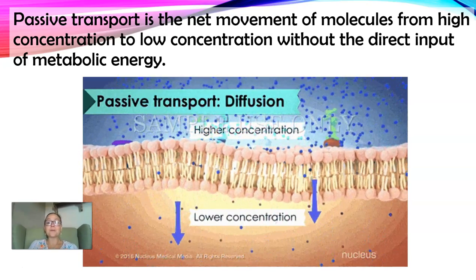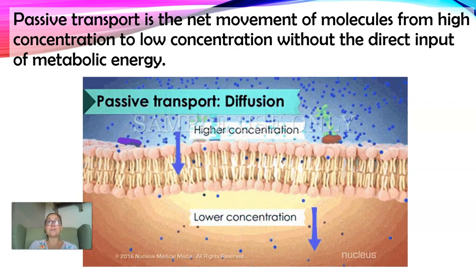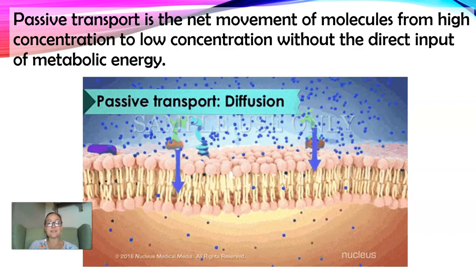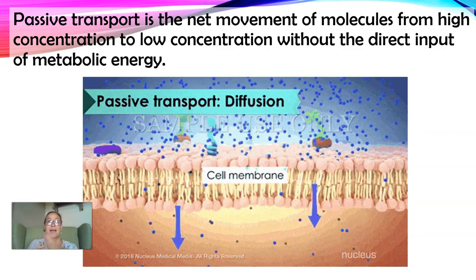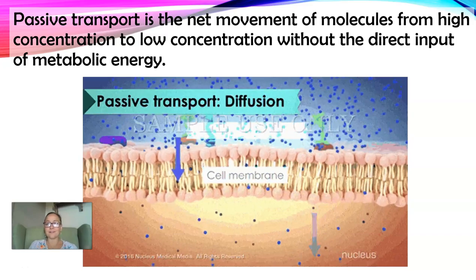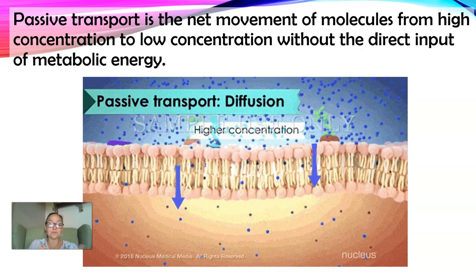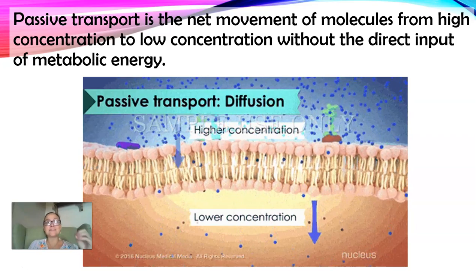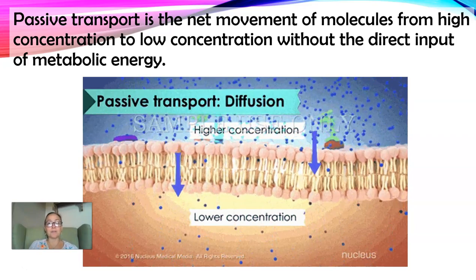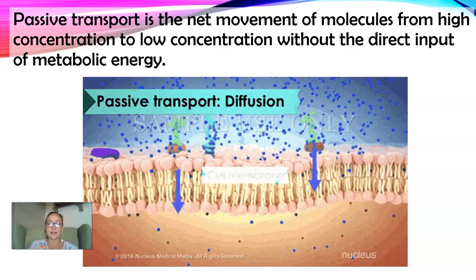So when we talk about net movement, I want to point out that diffusion is due to the random collision of molecules, colliding into each other, not just each other, but other molecules, other surfaces, etc. And they don't see an area of low concentration and think, oh, I need to go there.